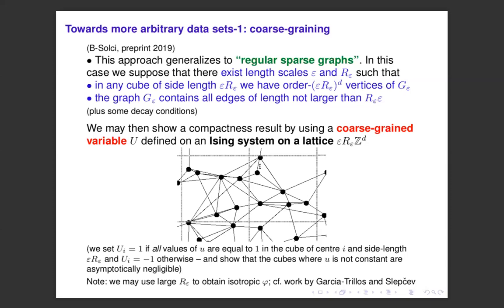To each of these cubes, you associate the variable 1 if all the nodes of the spin function that you take into account have value 1, and you take the value -1 otherwise. So this seems arbitrary because you can also have cubes in which you have both values, but these are negligible. And so you can start again these compactness results.